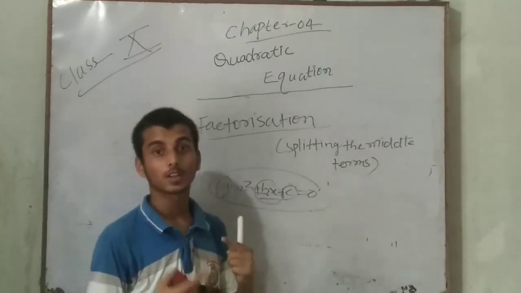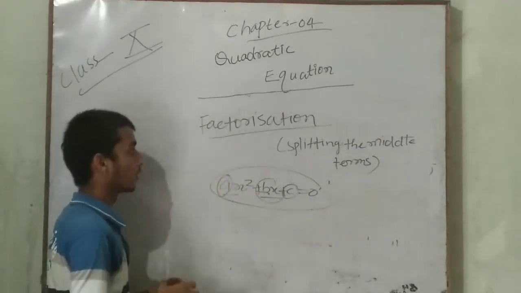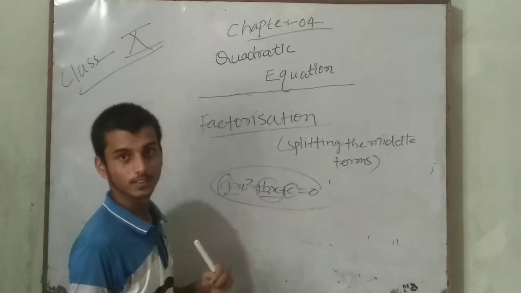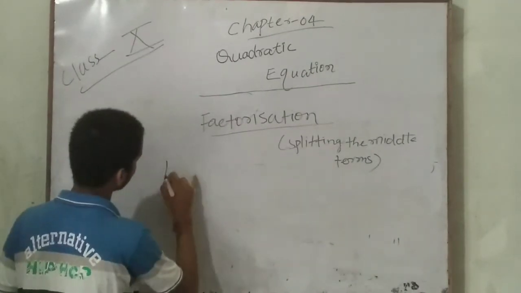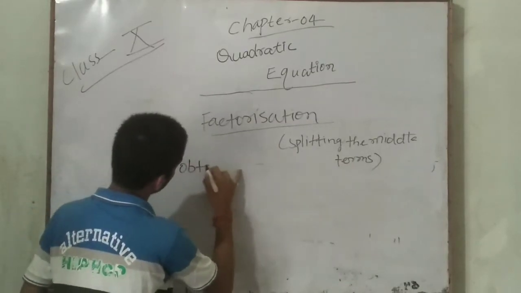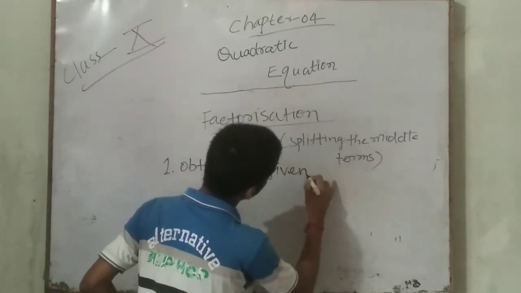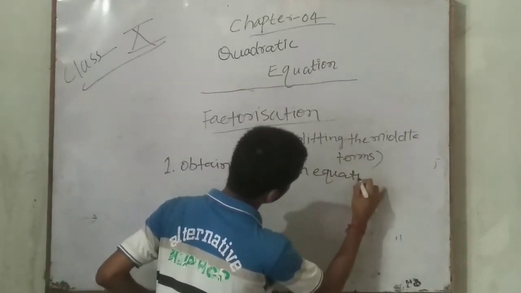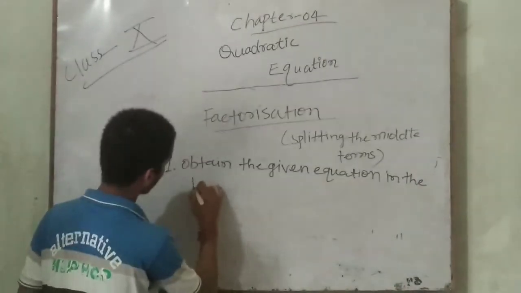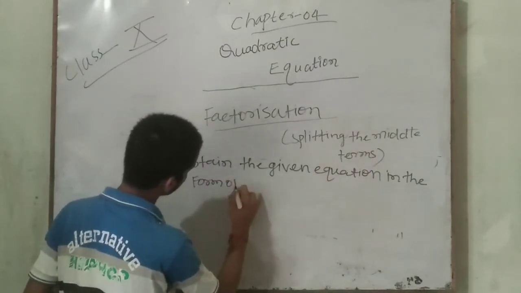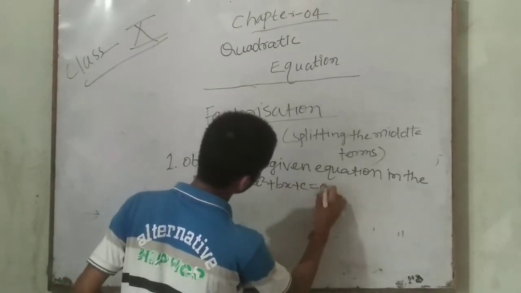So we are going to discuss the method. There are some steps by following which we can solve a quadratic equation by the factorization method. First step says: obtain the given equation in the form ax square plus bx plus c equal to 0.